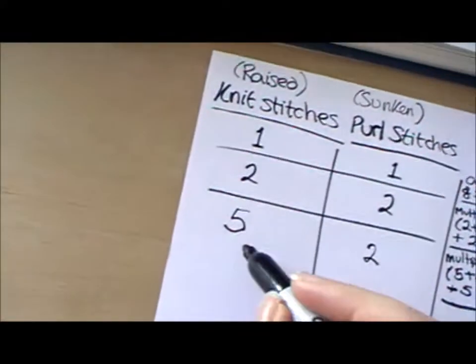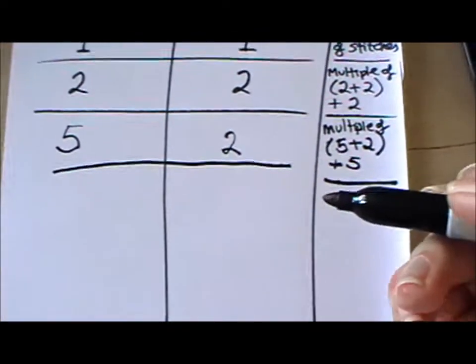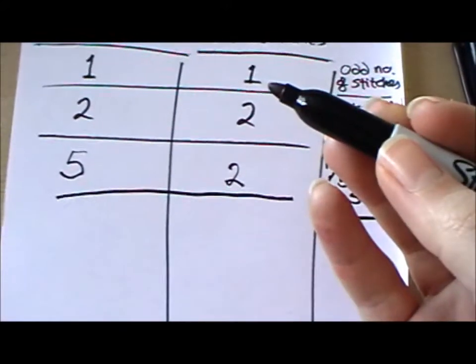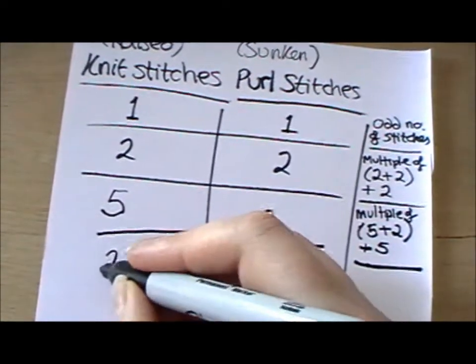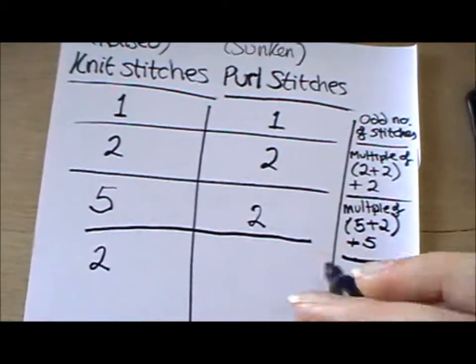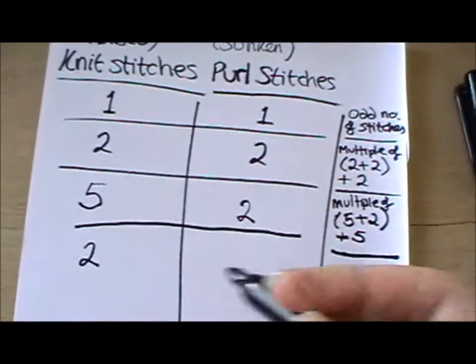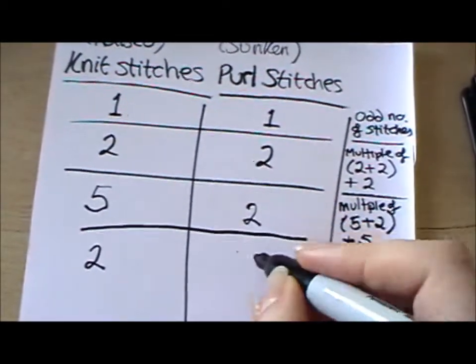Let's try that again. So if you wanted, say, you're going to only do 2 raised knit stitches, so it's quite a narrow raised ridge but a big sunken area in between each row of knit.